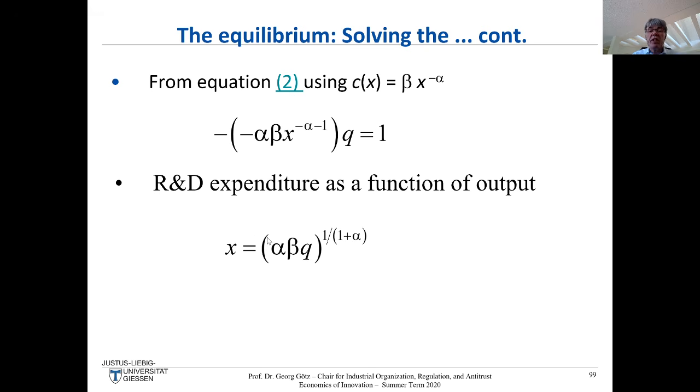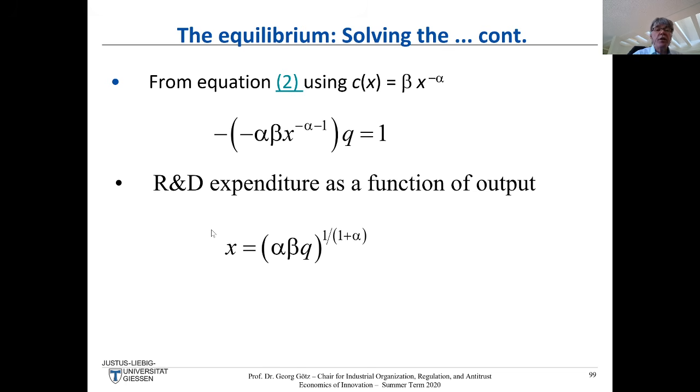And does that make sense? Well, we can look at how R&D expenditure depends on output. You see Q. If you have a larger firm with more output, it will spend more on R&D, because a given cost reduction of, say, €1 is of course worth more when you produce 10,000 units than if you produce only 1,000 units.